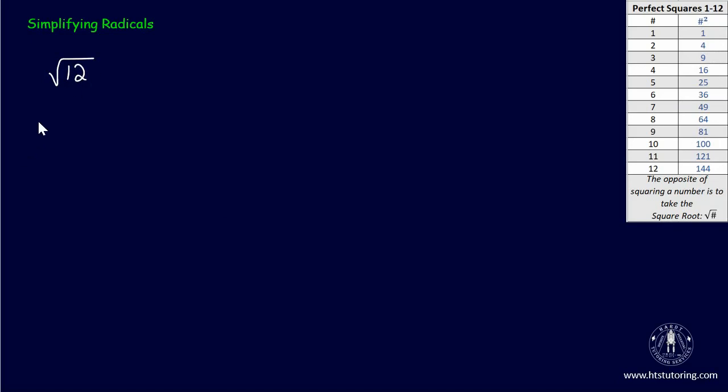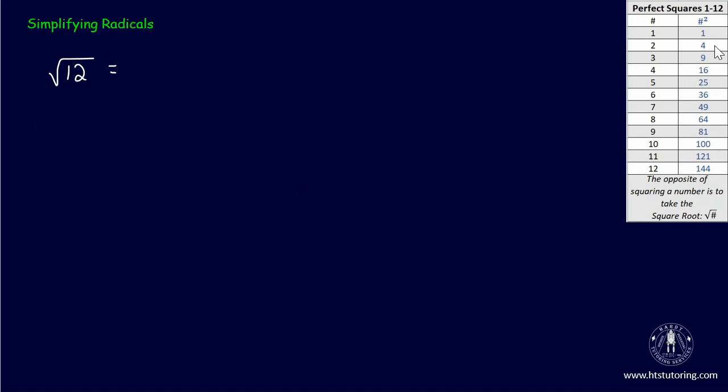Okay? Well, first of all, I'm going to ask myself, is there a number times itself that equals 12? Not that I can think of. 3 times 3 is 9, 4 times 4 is 16. We have skipped over 12. Well, then I'm going to think, is there a perfect square number that goes into 12? So I'm going to look at this blue column.